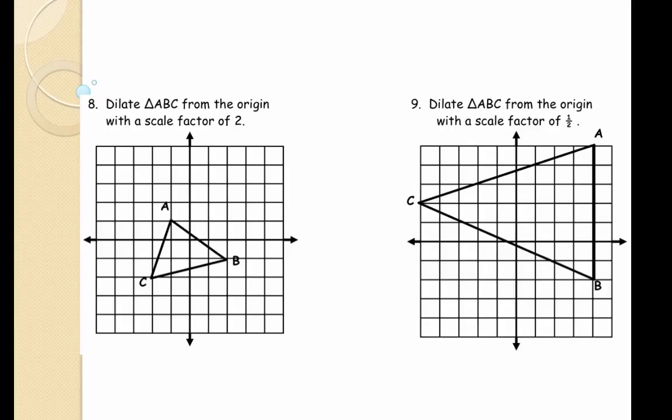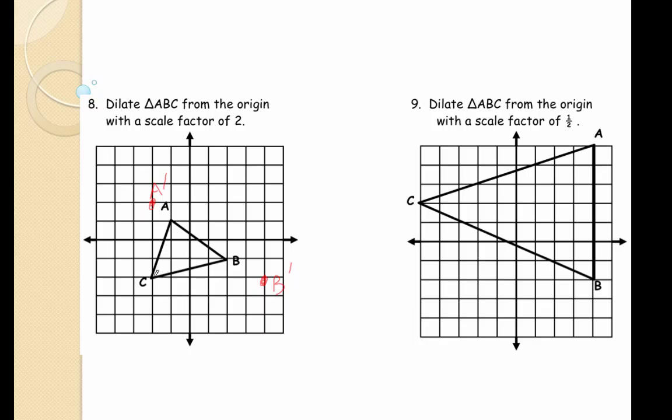Okay, so ABC, we want to go from the origin, which is good, because that means we just have to multiply numbers. And we want to have a scale factor of 2. So because it's from the origin, I get to multiply all the points by 2. So B is 2, -1, so it's 4, -2. A is -1, 1, so it's -2, 2.